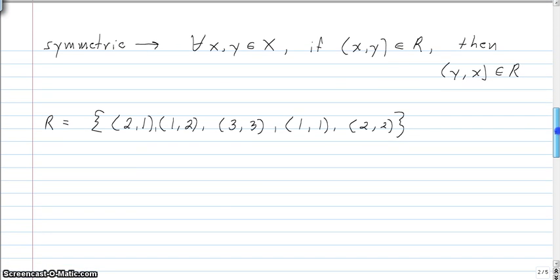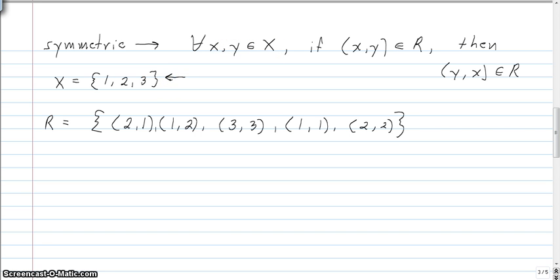And so let's look at another idea, which is called symmetric. Right, so now you see here, and again, this relation is going to be defined on the same set. In fact, I think it's the same relation. It is the same relation. And so now in my definition, you see that we have a condition that's true for all little x and little y in our set X here.